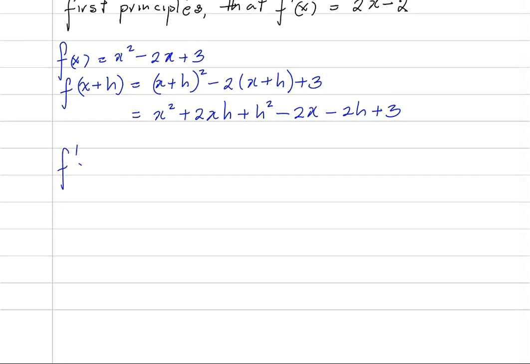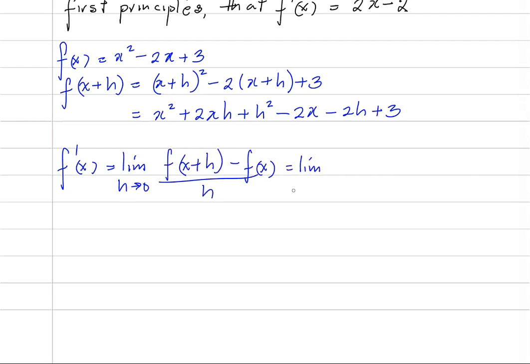Now, from first principle, f prime of x is equal to the limit as h approaches 0 of f of x plus h minus f of x over h. So this is the limit as h approaches 0 of x squared plus 2xh plus h squared minus 2x minus 2h plus 3.